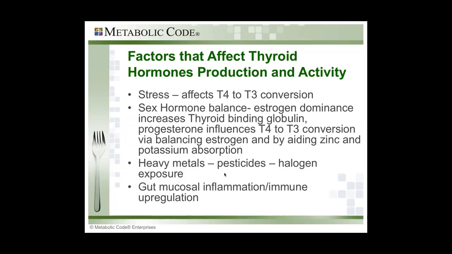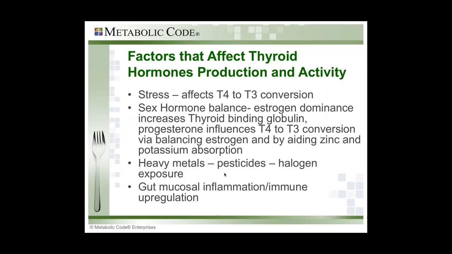I didn't want to get into thyroid without being sure to mention that there are so many other factors that can affect thyroid. If you're doing metabolic code assessments and reports, you realize there's a huge interplay between things like stress. Stress down-regulates the production of T4 to T3. Sex hormone balance impacts it.